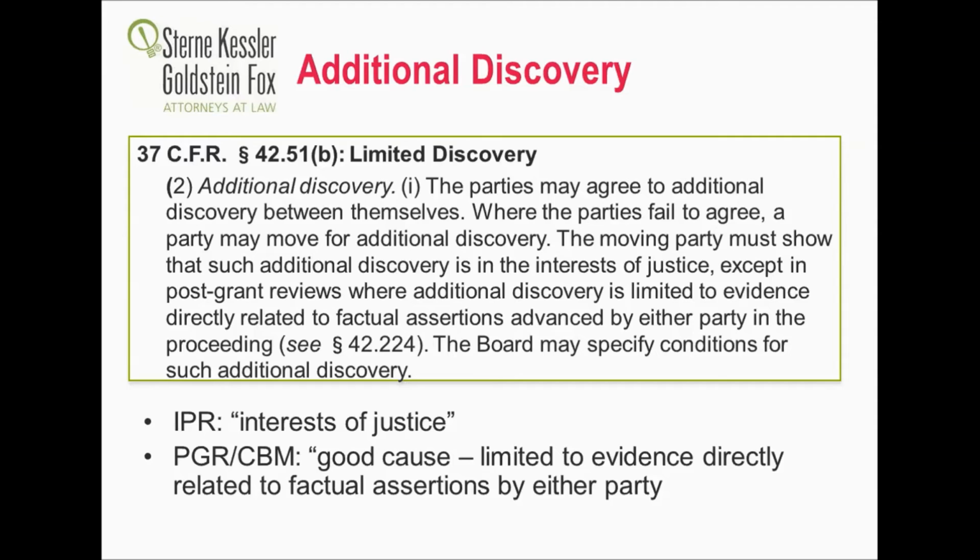So the question is additional discovery. And there's a few hot areas of additional discovery in these trials. Particularly, a lot of the additional discovery focuses on two points. The first is real party in interest. And as we discussed early on, we've got some of these bars that are triggered by not just the filer or the petitioner, but also any real party in interest of the petitioner.